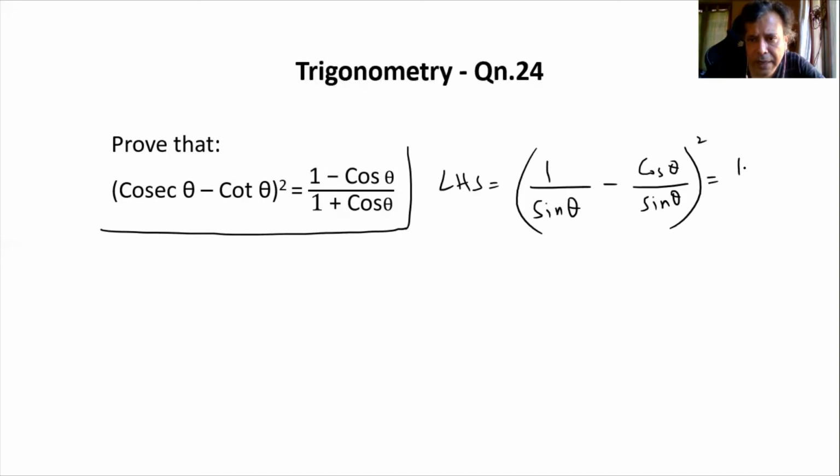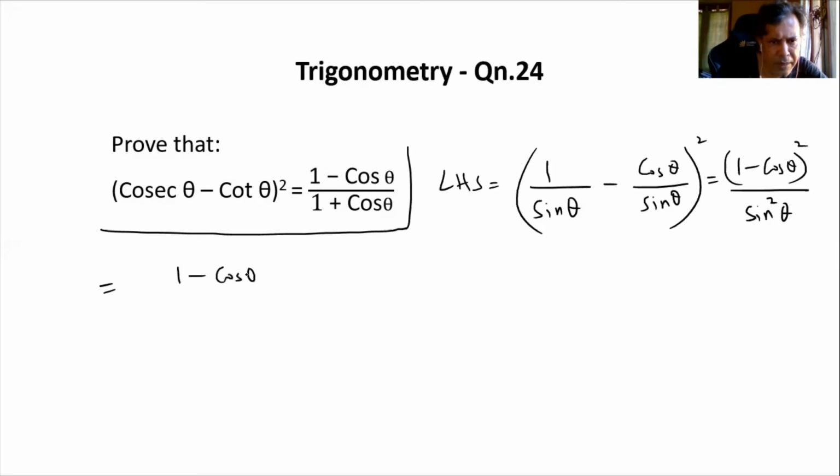This I will rewrite as 1 minus cos theta, the whole square, by sine square theta.